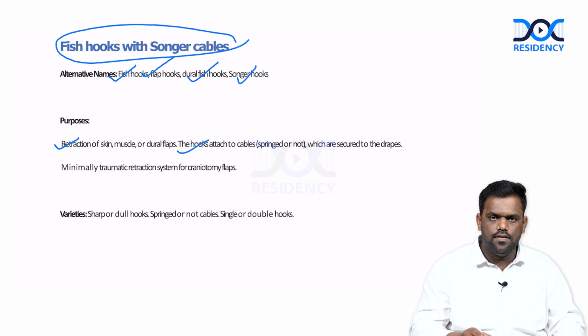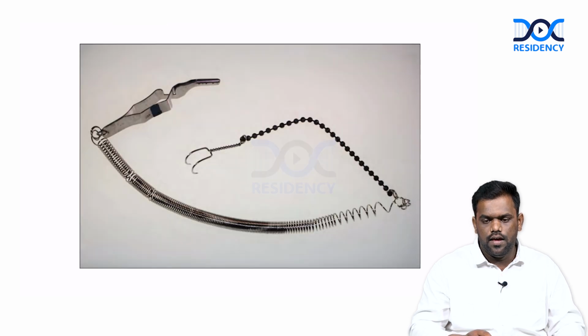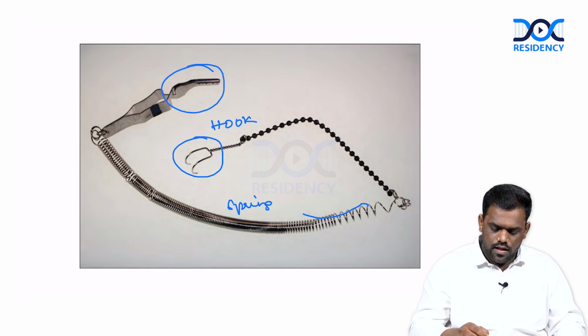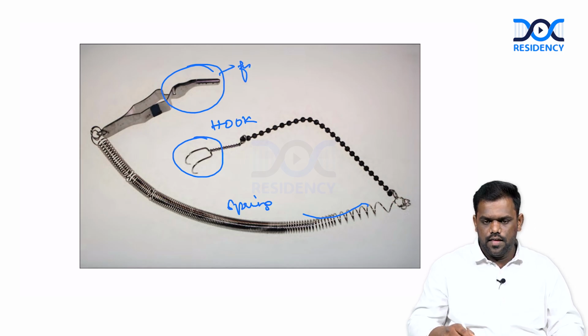The hook attaches to the cable, which may or may not be attached to a spring, and is secured to the drapes. So this is your hook, that is attached to the spring. This is your spring. So we can fix it, hold it with the drapes.